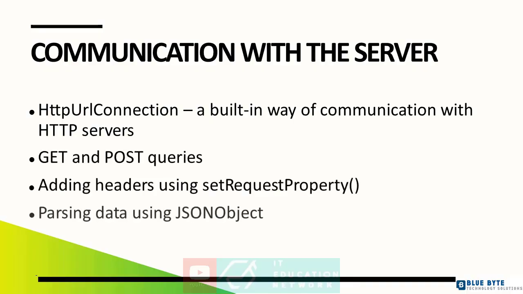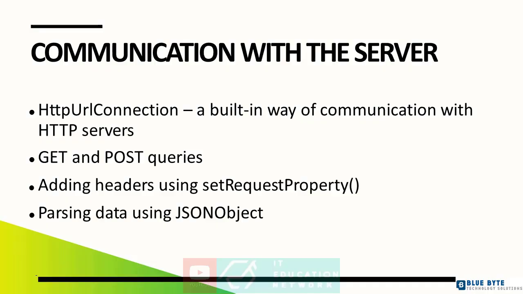HTTP URL connection makes it possible to execute various GET and PUT type queries, pass data, or set headers. However, it is an API, which is very difficult and pretty tedious to use. It requires using and operating on Java streams.